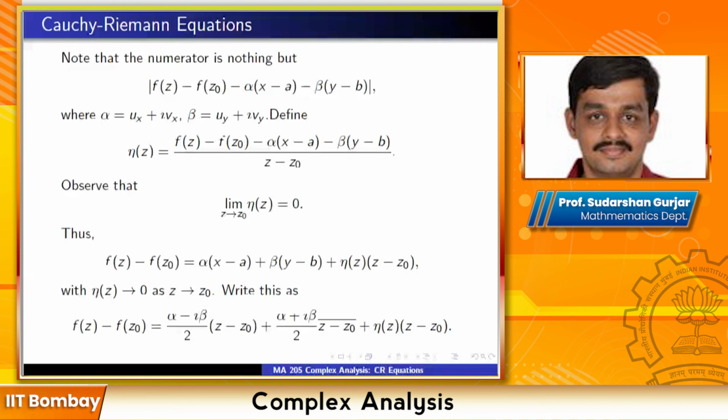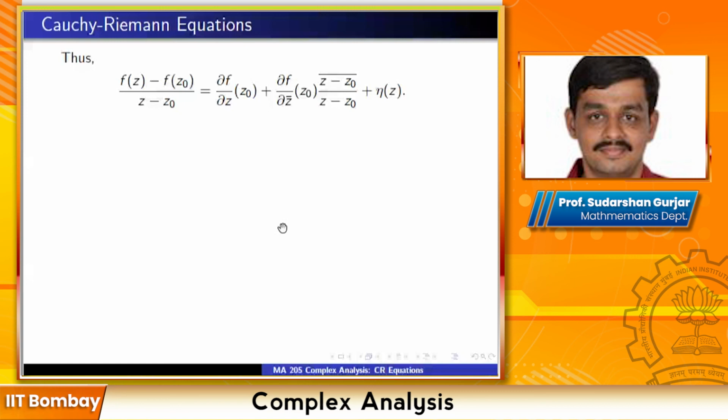This alpha minus i beta upon 2 is the same as del f by del z at z naught. Just look at this first term, alpha minus i beta upon 2. I want to check that alpha minus i beta upon 2 is this del f by del z, and similarly alpha plus i beta upon 2 is this del f by del z bar. That is what I'm claiming.